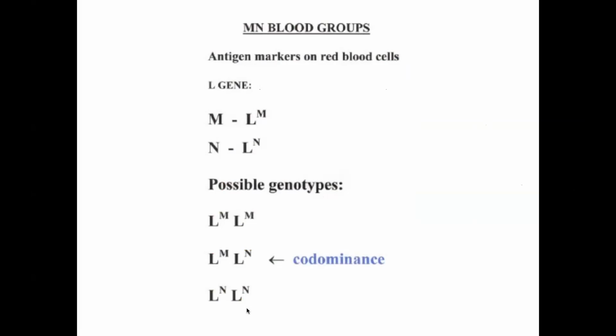For the heterozygote, what you have is a new phenotype, but the new phenotype is actually co-expression of both of the original parental types, M and N. So this is a codominant allelic relationship. As I said, this is very common when you're analyzing either cellular level or biochemical level phenotypes.